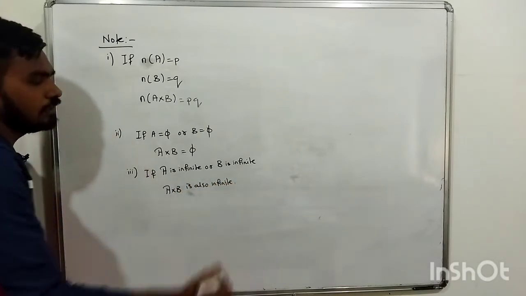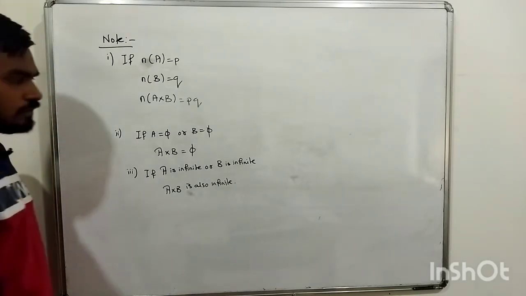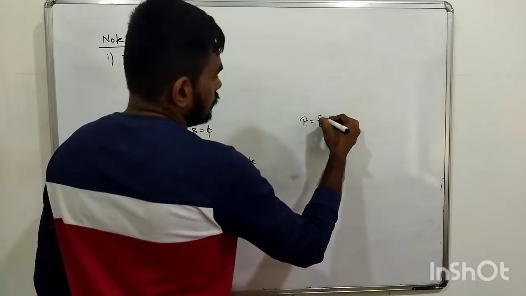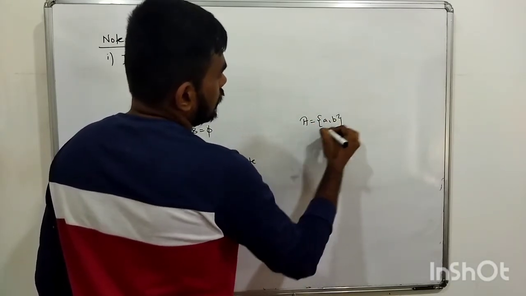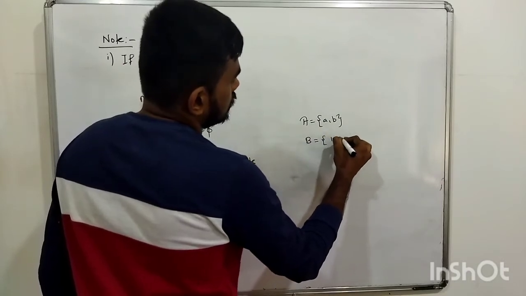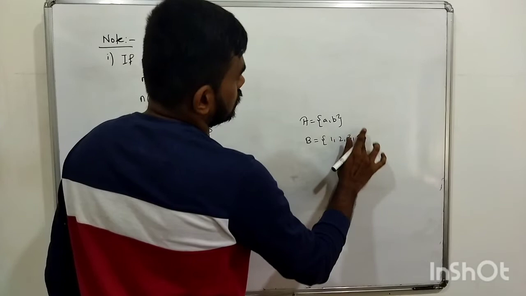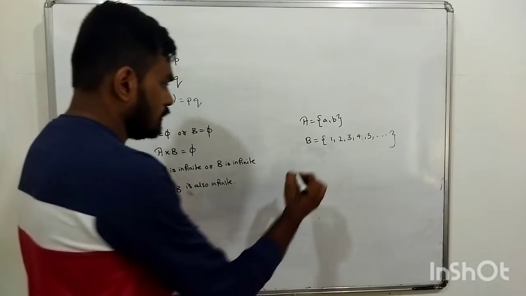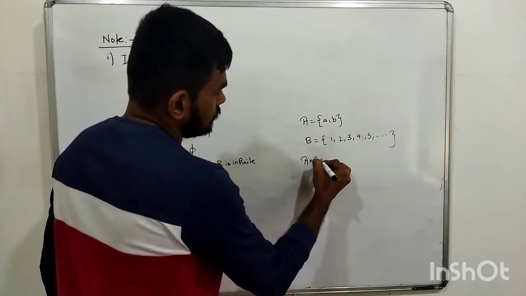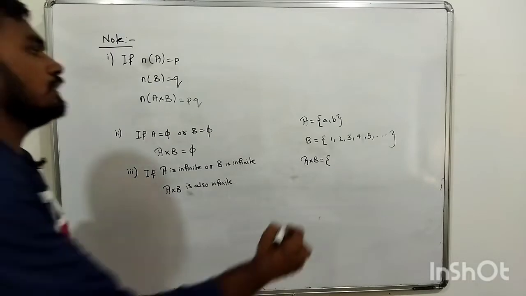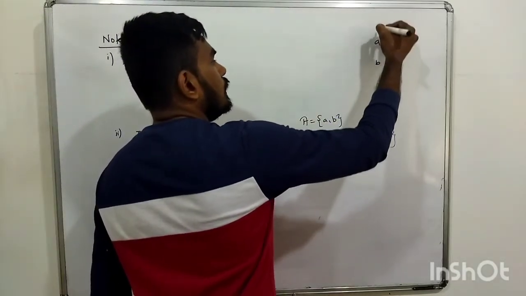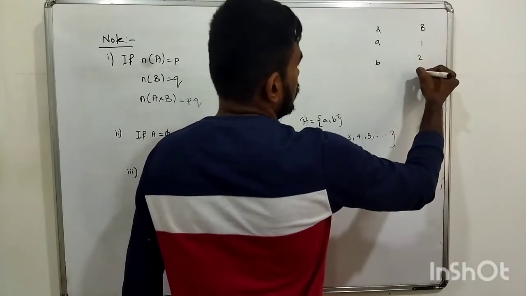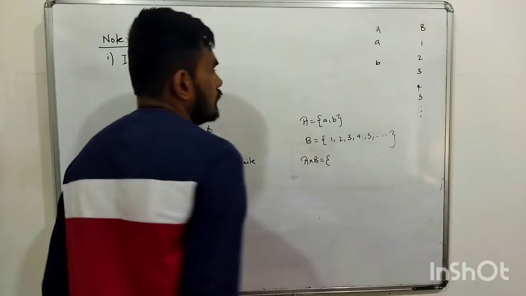For example, if A is equal to a, b, but B is equal to 1, 2, 3, 4, 5 and so on, or a set of natural numbers I'll say. Now what will be A cross B? First I will say, see, elements of A are a, b, and here B is 1, 2, 3, 4, 5 and so on.